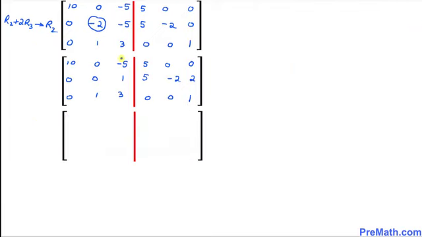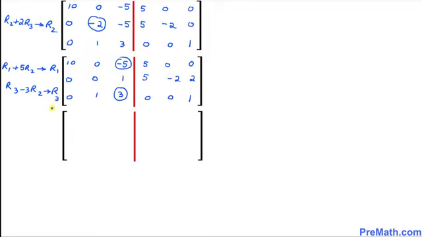And now in the next step, we are going to make this negative 5 and at the same time 3 a 0. The only way we can make them 0 is by simply writing down row 1 plus 5 times row 2 and then putting it back in row 1, and likewise row 3 minus 3 row 2 and put it back in row 3.